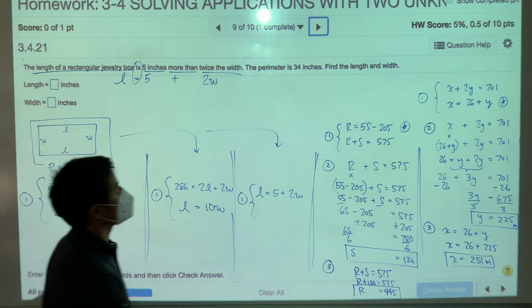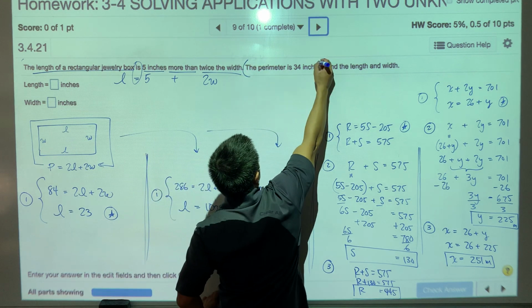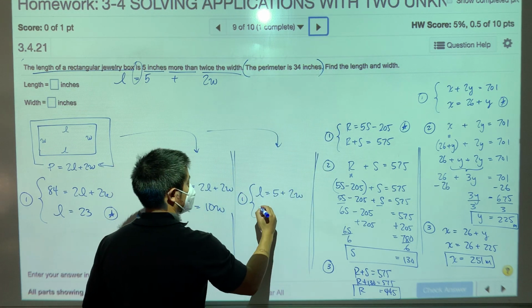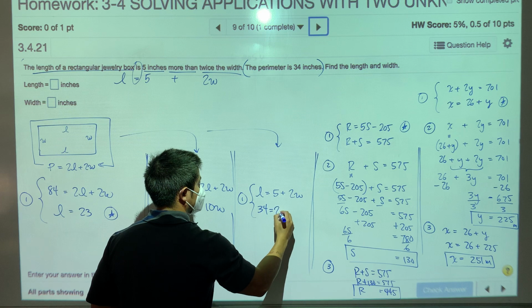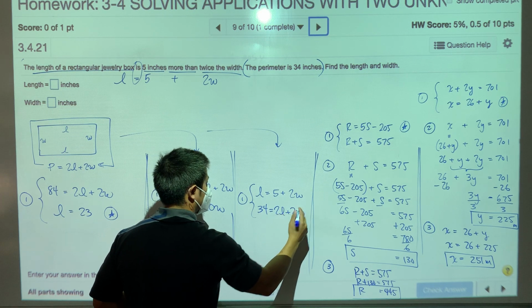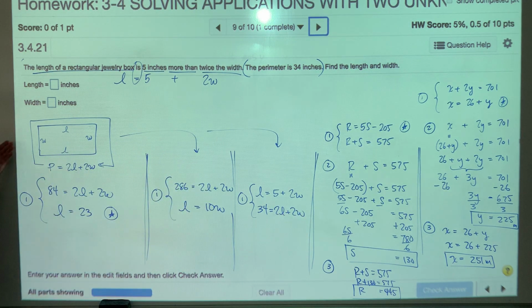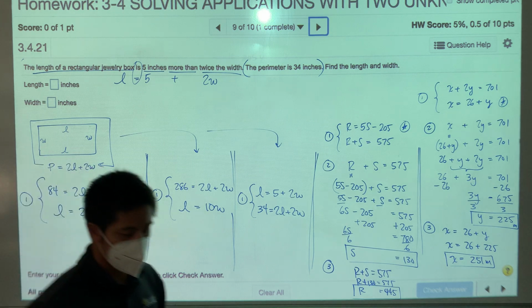And here, perimeter is 34 inches. 34 is 2 times the length and 2 times the width. Just like before. Follow? Questions about that at all?